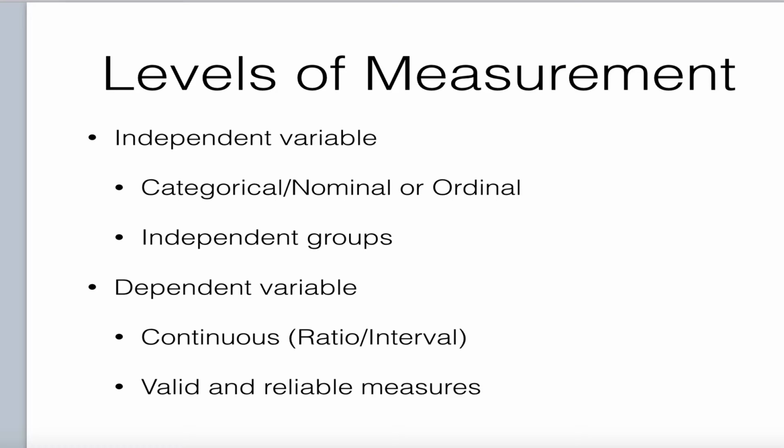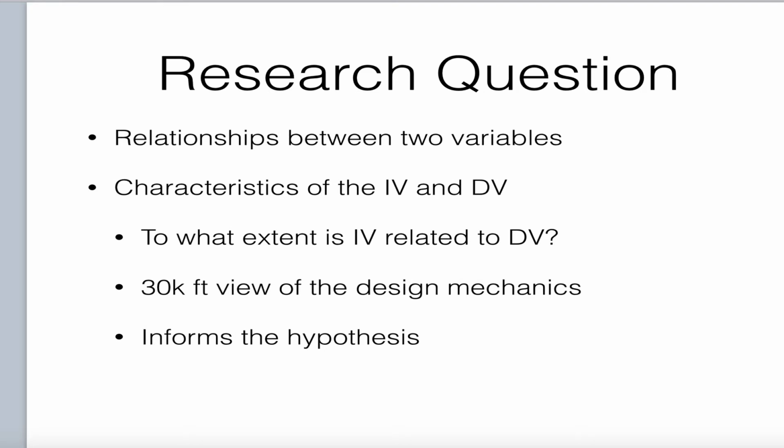Ordinal means that the data are ordered in some particular way, such that higher numbers are reflective of a higher rank. Examples might include things like attitude scales or satisfaction scales, from dissatisfied to satisfied, or strongly dissatisfied to strongly satisfied.